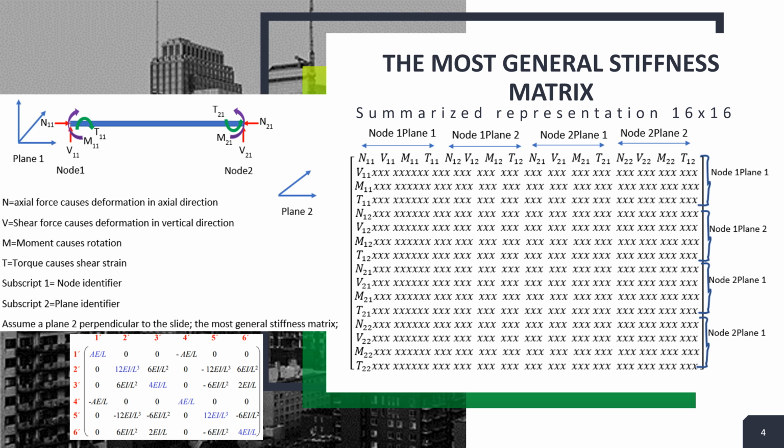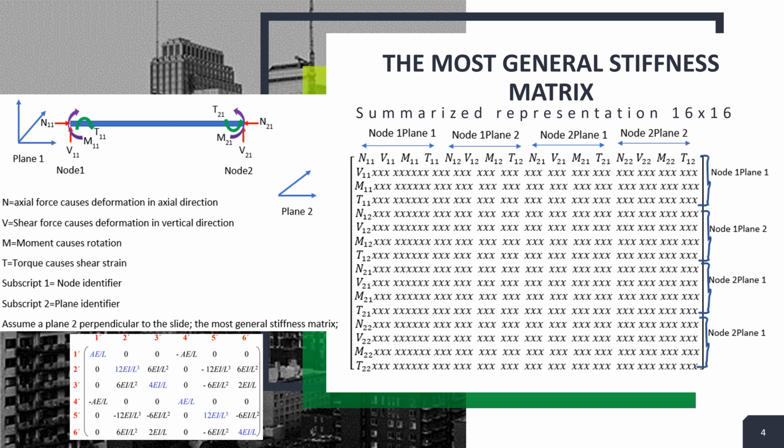And so the most general stiffness matrix is, for example, if you have a structure like this, it can only be loaded in the following ways.